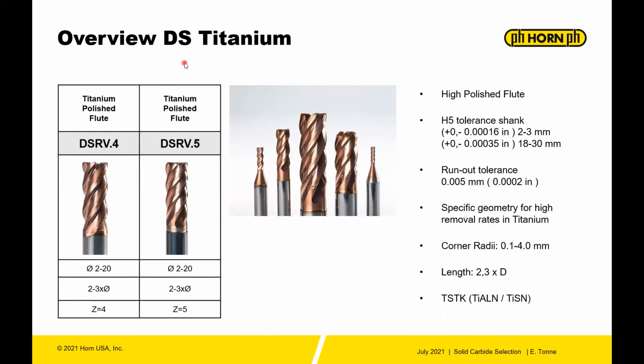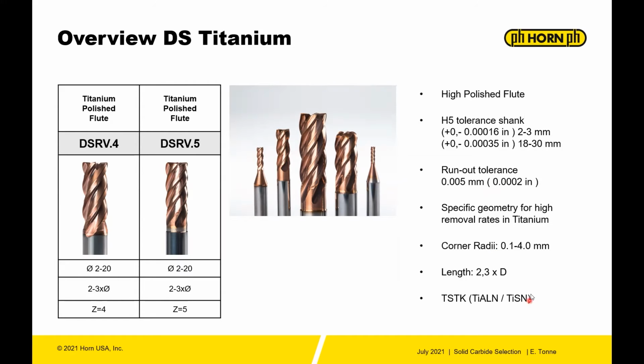You also have a DS line specifically for titanium. You have the DSRV.4 and the DSRV.5, which means 4-flute and 5-flute. These are specifically designed to machine titanium, highly polished flute, very, very good run out tolerance, 2/10 on run out on the tool.